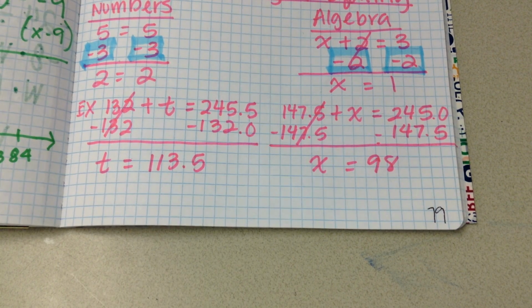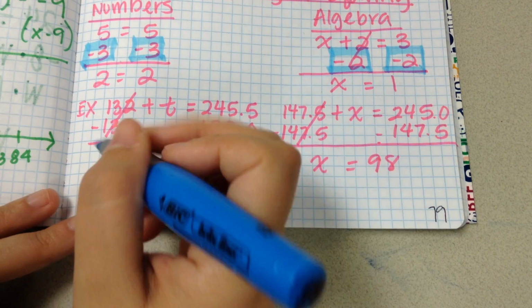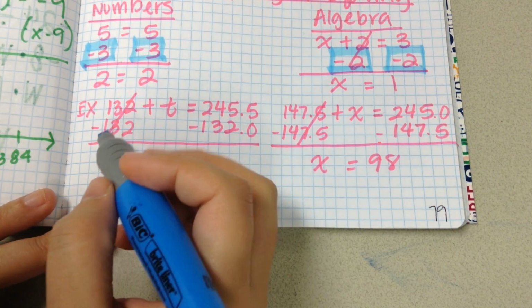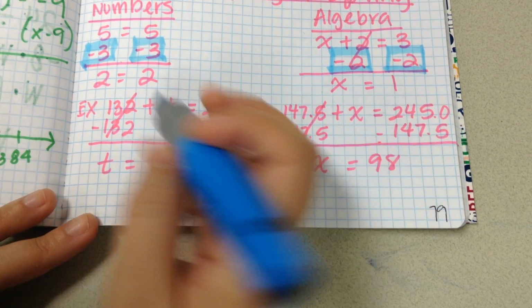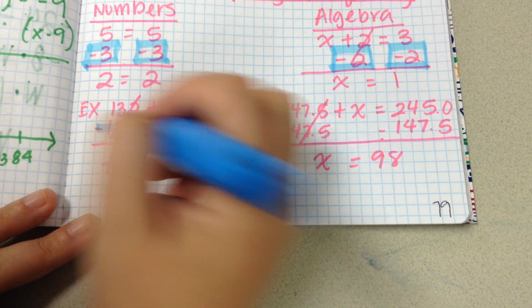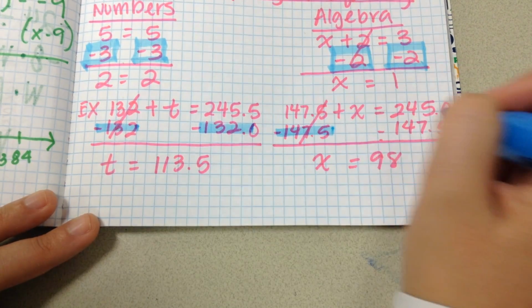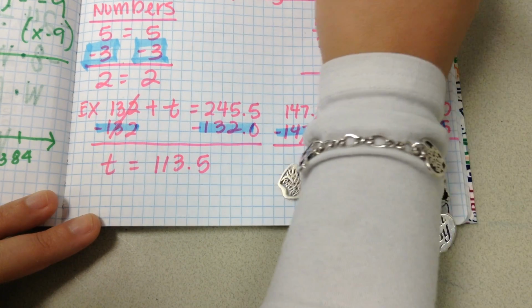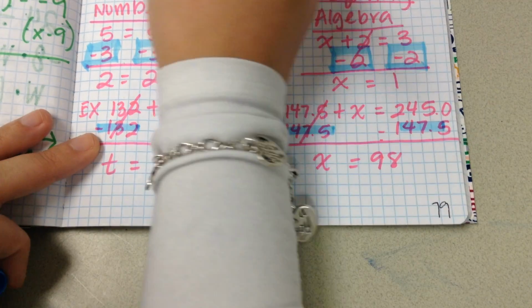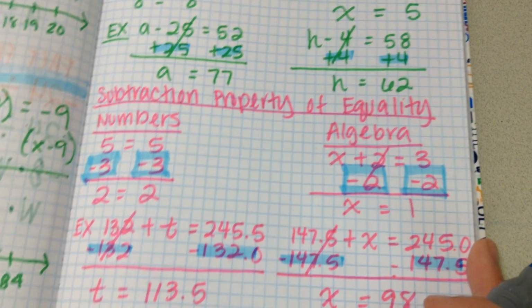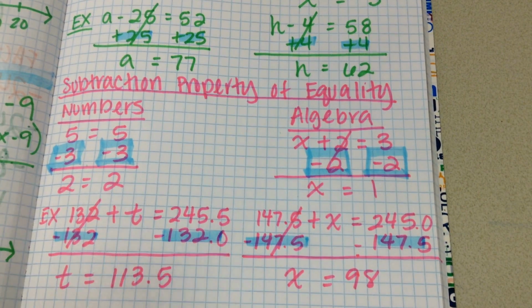And the important thing is to remember that these are going to stay the same. Okay? So we're going to talk more about this in class, and make sure you're ready.